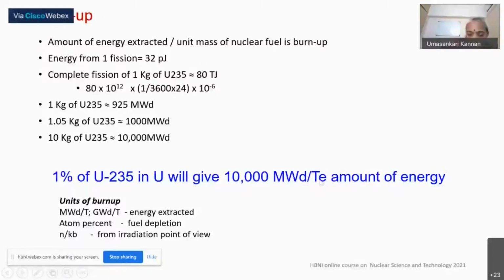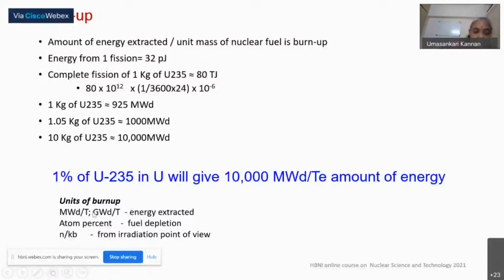So this is the unit of burn up. This is the amount of energy extracted per unit mass of the fuel. So if it undergoes burn up completely, it will give 10,000 megawatt day per ton of energy.